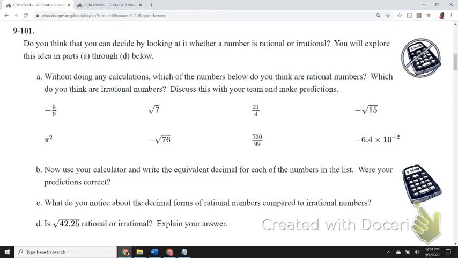Okay, now for question B, it says to use your calculator and write the equivalent decimal for each of the answers on the list, and then see if your answers are correct. Okay, so I'm going to do the first one for you. And the first one, -5/9.